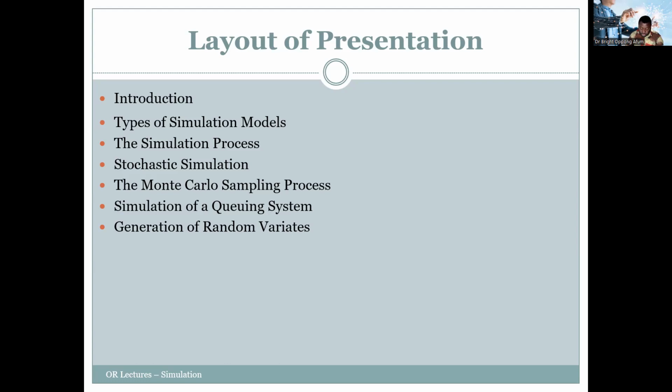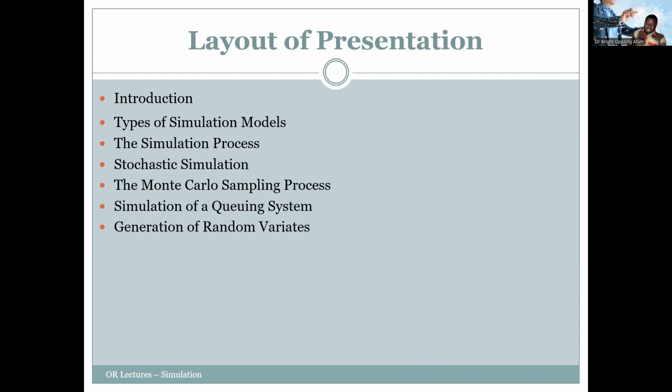We'll use the Monte Carlo sampling process to develop a stochastic simulation algorithm to see how we can simulate some activities, such as a typical queuing system in a mining environment.